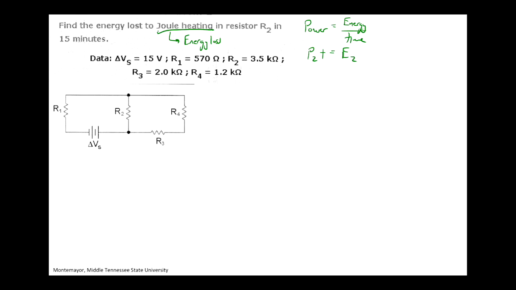If I want to find the power, I need to find the current through resistor 2 because the power is I squared R. So I squared R times T should give me the energy loss in resistor 2. Sound good?